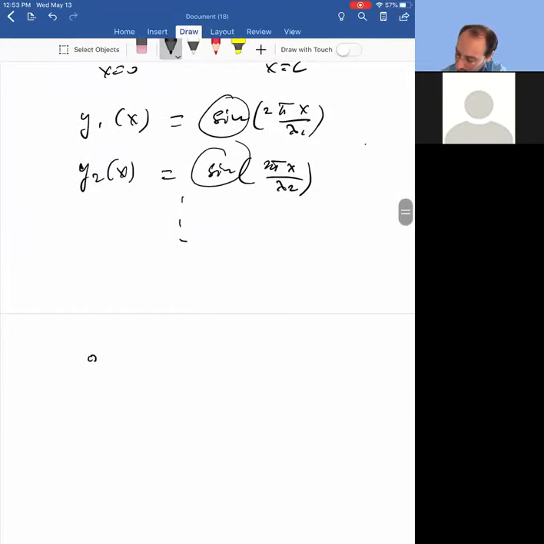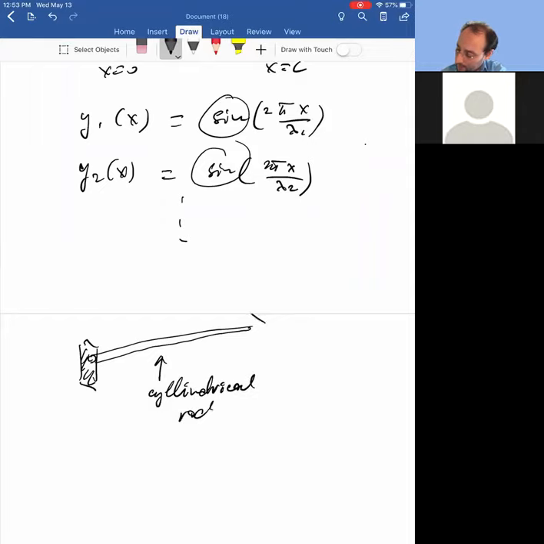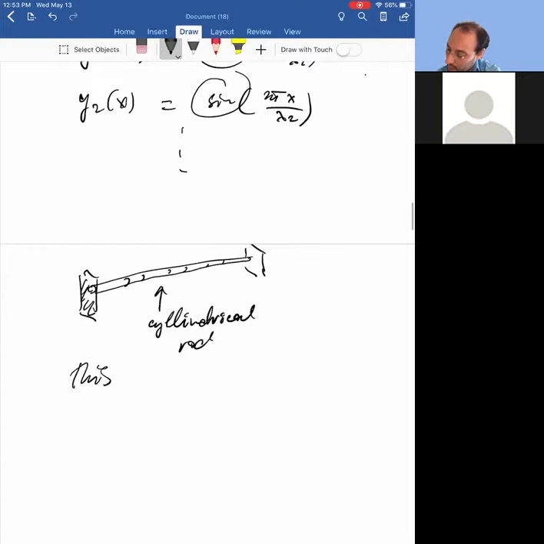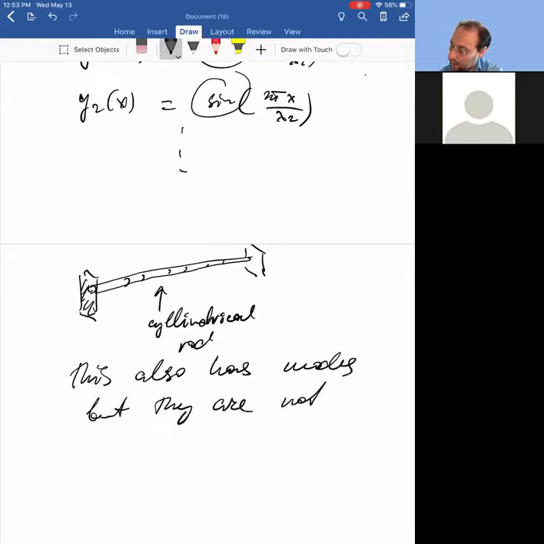So if you take a rod, and you clamp that cylindrical rod at both ends, it also has modes, right? But those modes are not sinusoidal. Those are non-sinusoidal modes.